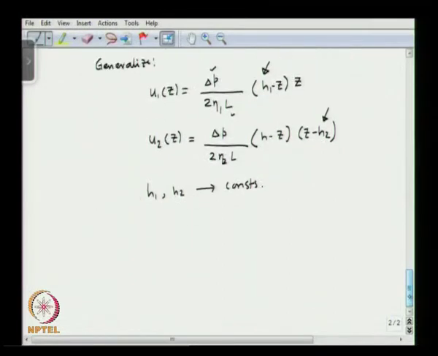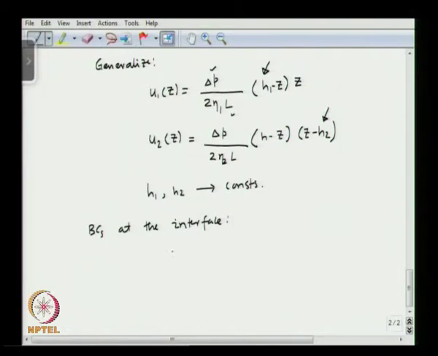So eta 1 into the velocity gradient will be eta 2 into the velocity gradient for the other fluid. If you do not satisfy the shear stress continuity boundary condition, then there will be unphysical forces present at the interface. So we would have boundary conditions at the interface.